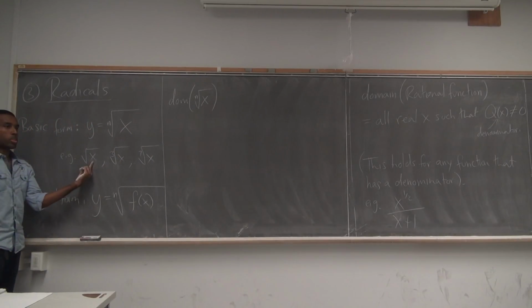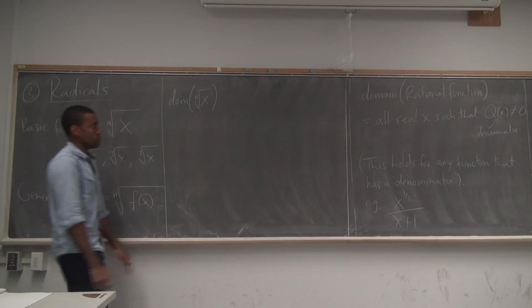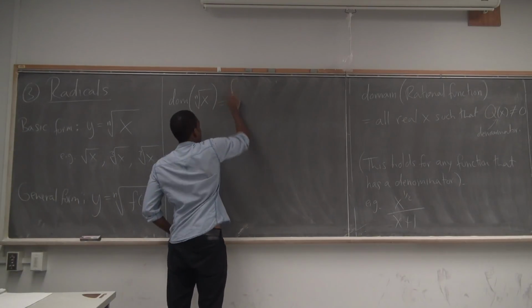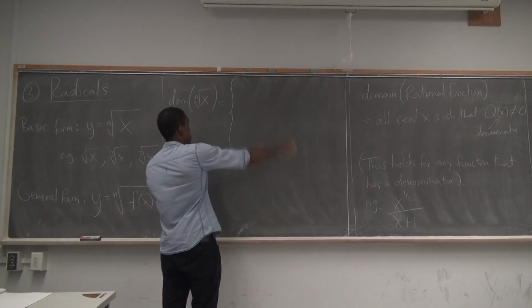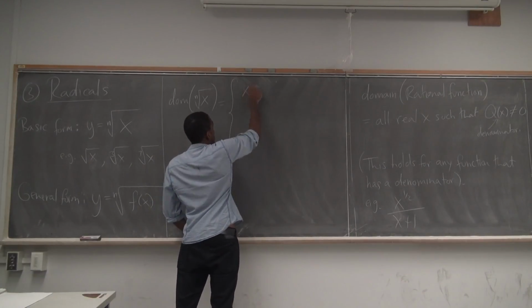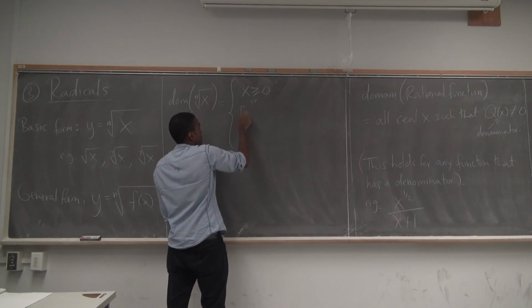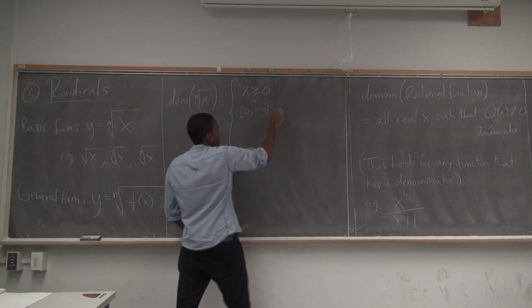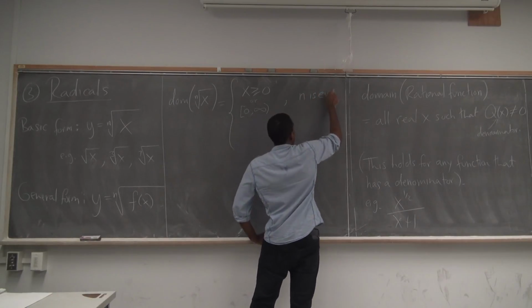Oh, but that doesn't work for this one. The answer is actually piecewise. It depends on what the n is. So the domain means x must be greater than or equal to 0, or you can write it as 0 to infinity, and that's if your n is even.